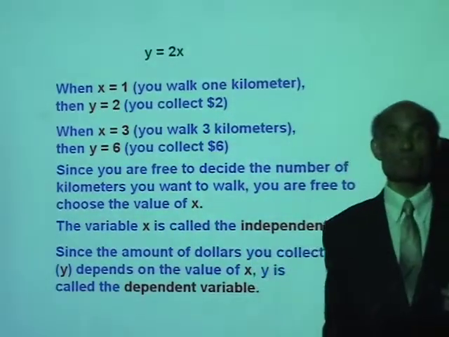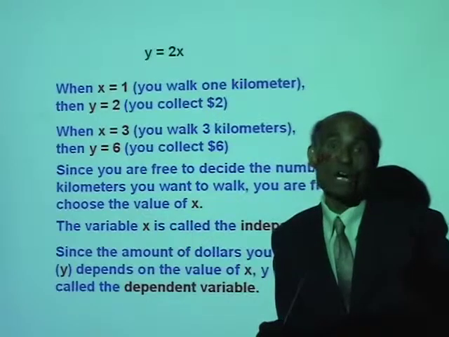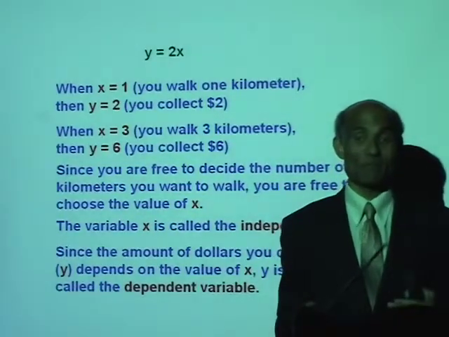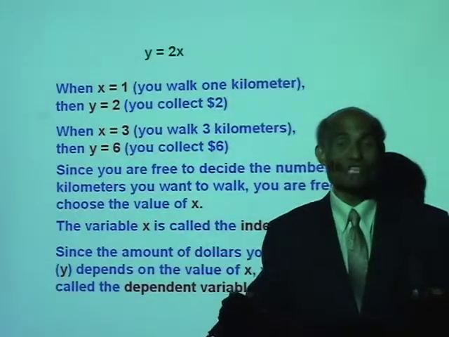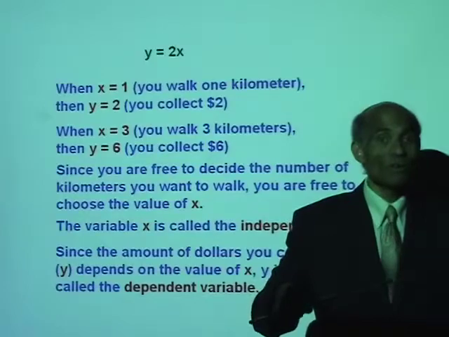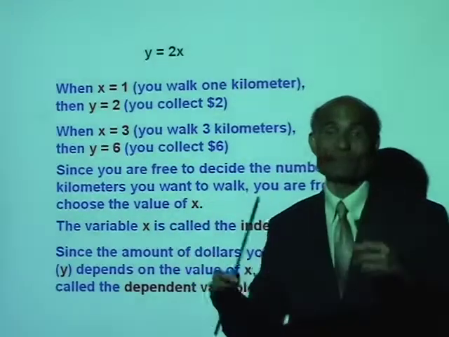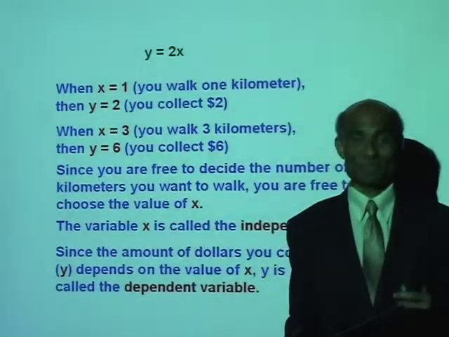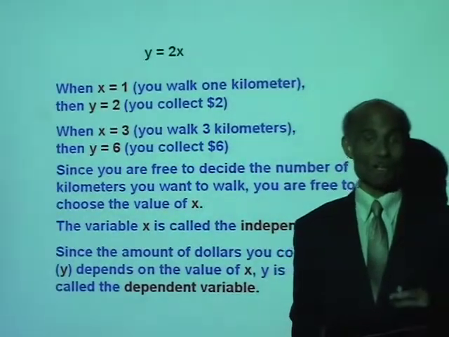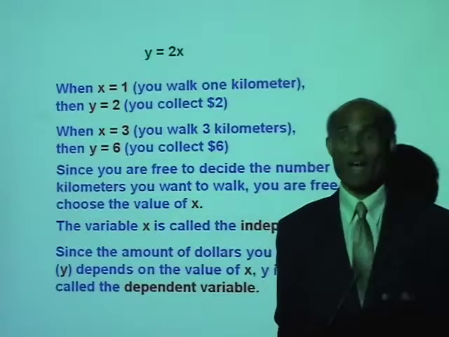Let's go back to the money you earn and the amount of time you work. Tell me, which of the two variables is the independent variable? The time you work or the amount of money you earn? Well, the time you work is the independent variable because you can decide how many hours you're going to work.